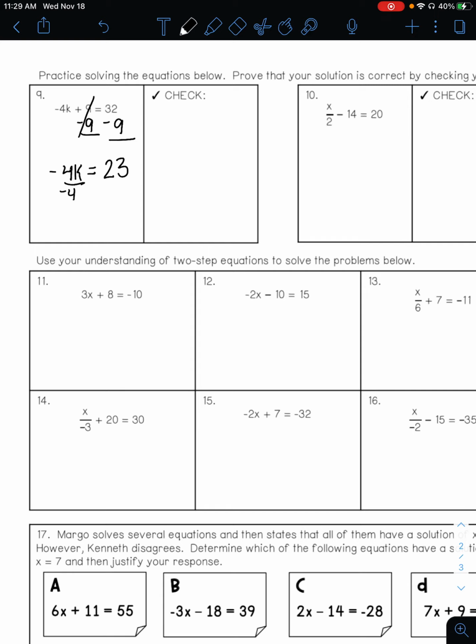Then we divide by negative 4. K is equal to a positive divided by a negative, so the signs are different and it's negative. Negative 23 over 4. 4 goes into 23 5 times with 3 left over: negative 5 and 3/4.